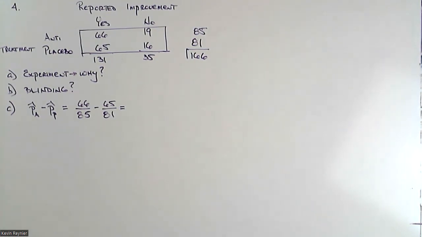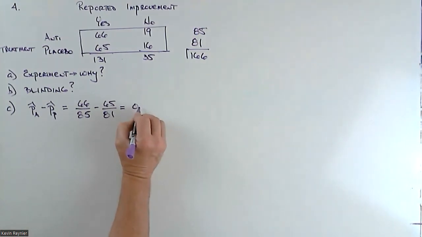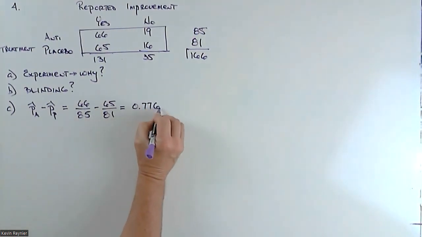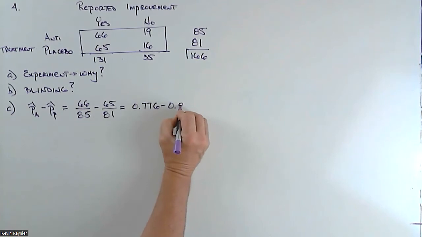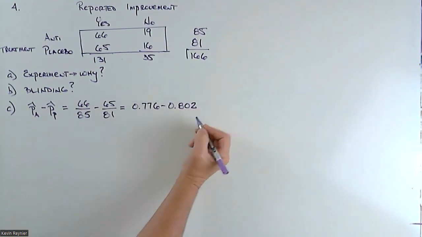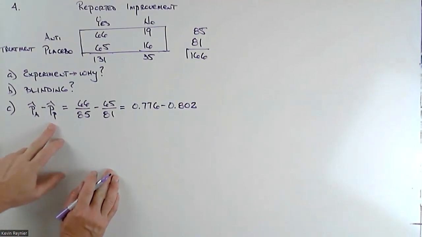Now, we need those as percentages, and I already did the arithmetic earlier for this. So this is 0.776 minus 0.802. All right. So the improvement rate, right? The way they've asked us to calculate it, they want antibiotic minus this.